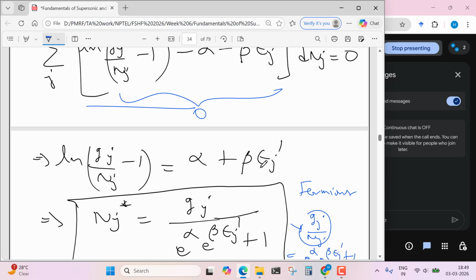If we take it out of the log, then we will get Gj upon Nj minus 1 equal to e to the power alpha e to the power beta epsilon j dash. If we take this one to that side, we can find Nj star equal to Gj upon e to the power alpha e to the power beta epsilon j dash plus 1. This is for fermion.